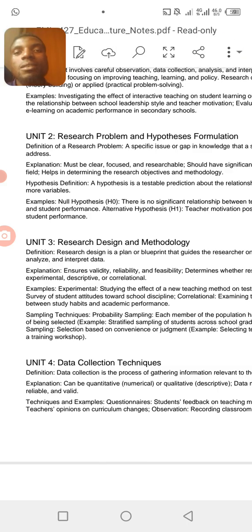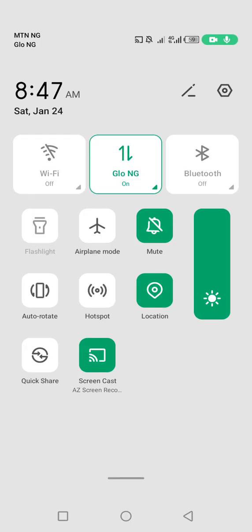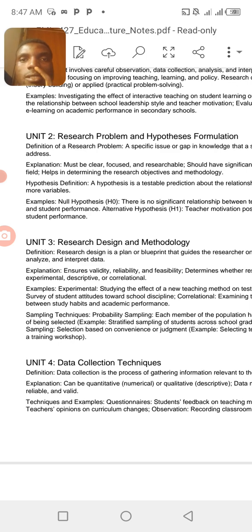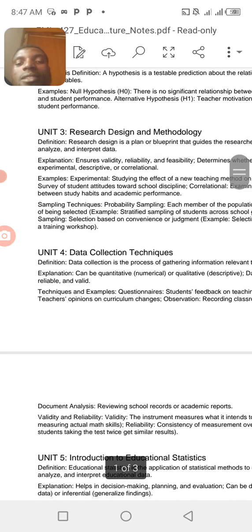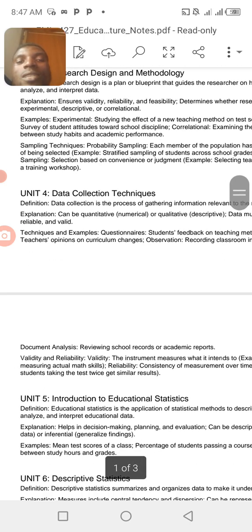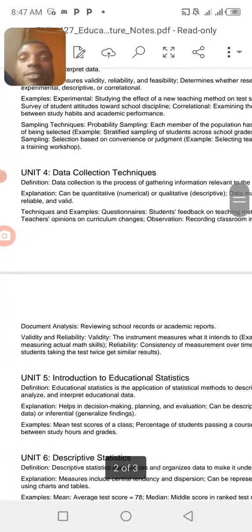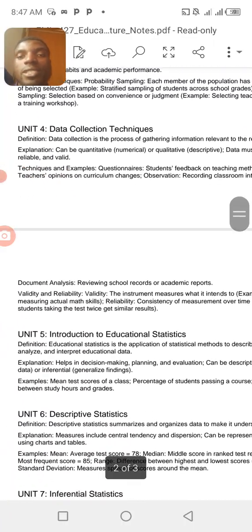Under Unit 3, we want to talk about how it grants us the design. Yes. So the next one, Unit 4, we are going to talk about data collection, how to gather data, and data relevance to research making.